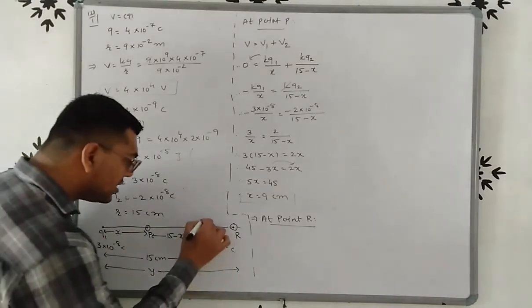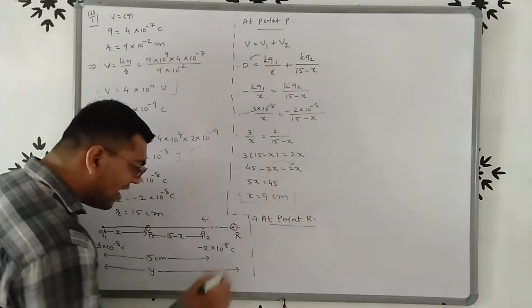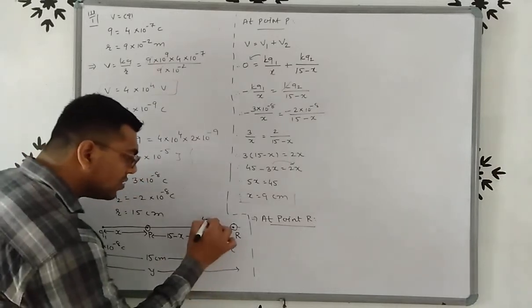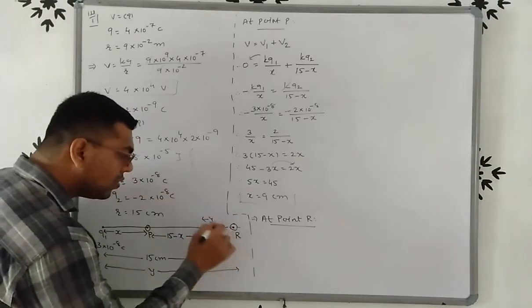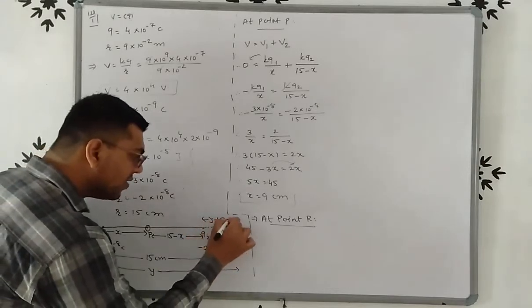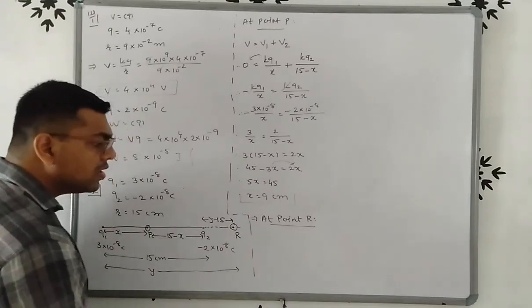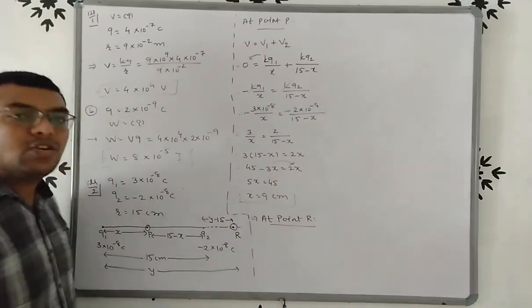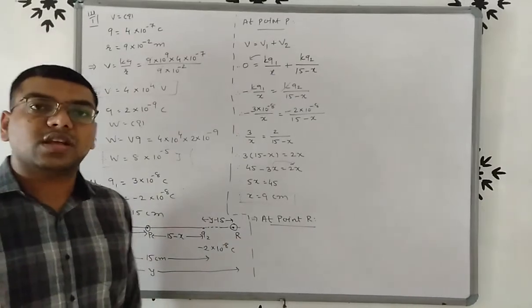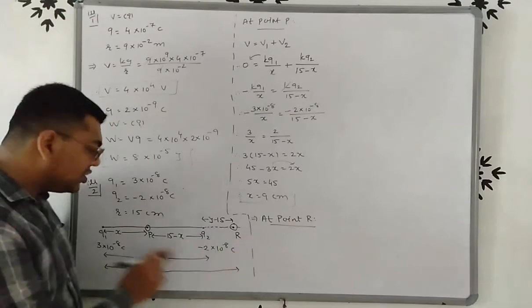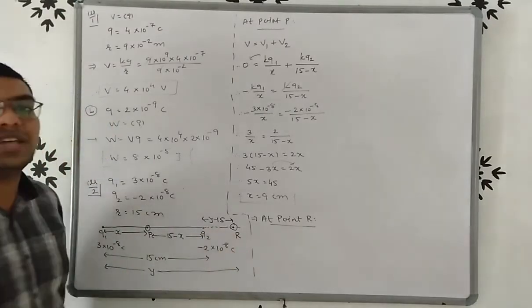So here the distance between Q2 to R, here total distance y, this distance 15. So here the distance between Q2 to R is y minus 15, right? So here potential at point R is 0, but total potential.